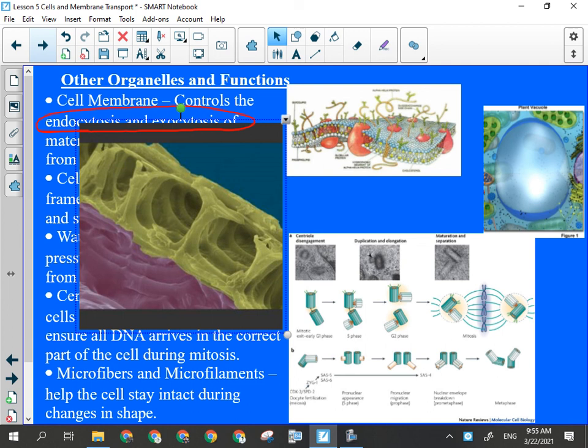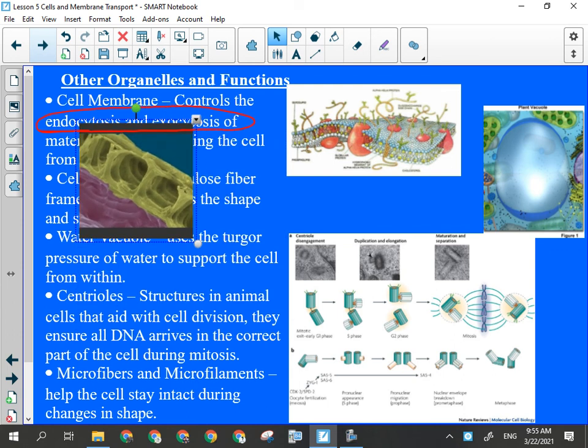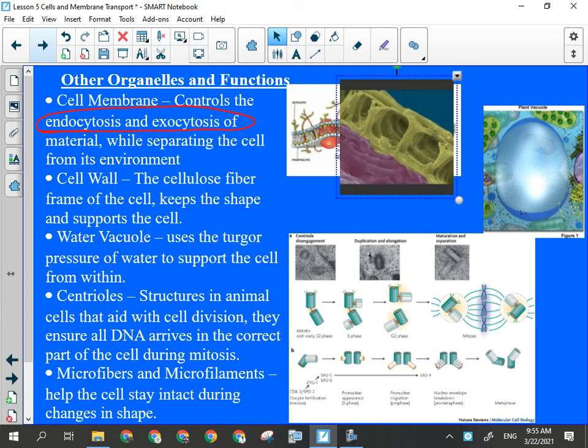It's there to hold the cell's shape, not to act as a border guard, not to do any filtering, not to do any protection. It's just a frame. It holds the cell's shape. And that's all. And it's made out of cellulose, which is that fiber we were talking about, that we can't digest. Herbivores can, but we can't.